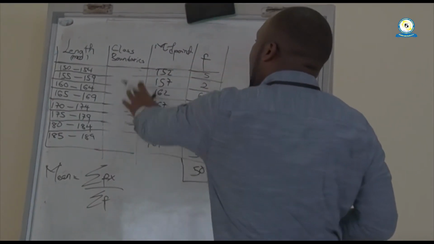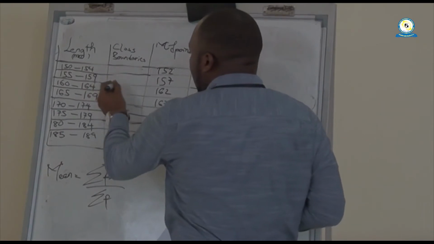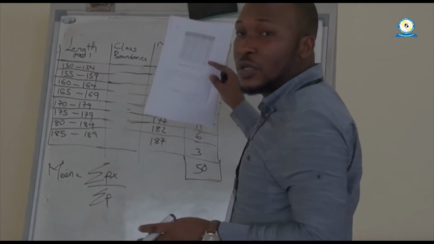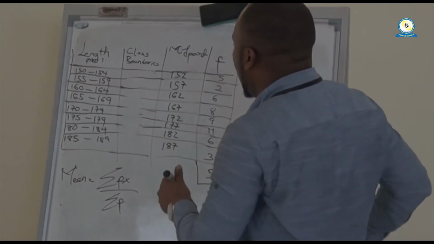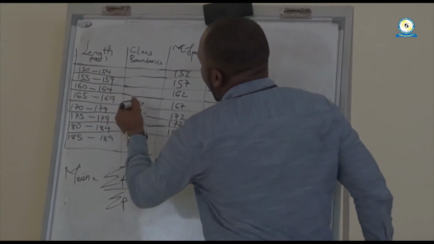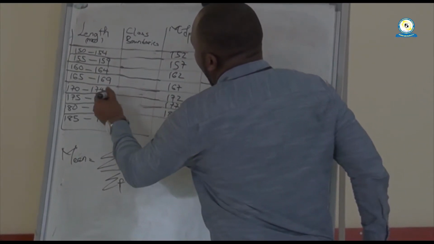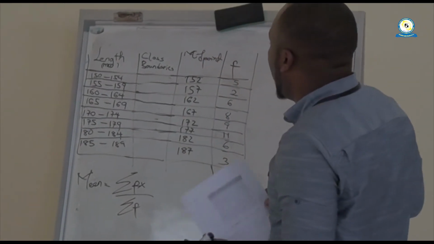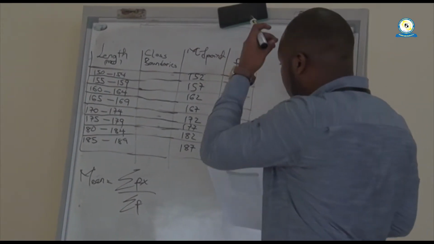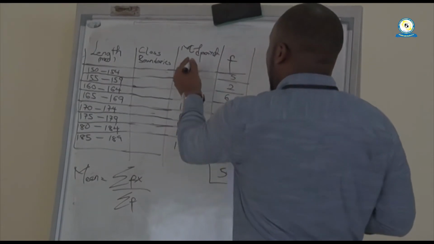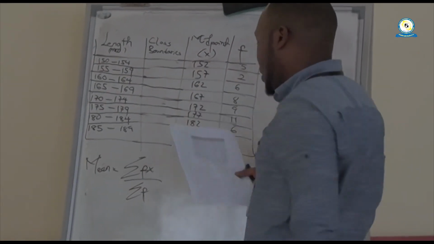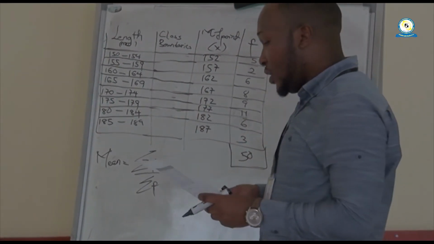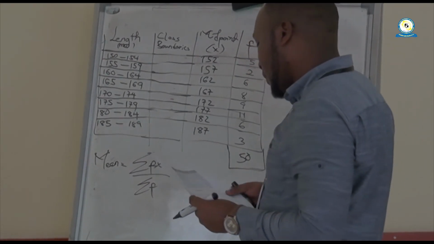I leave this one blank because we will use class boundaries when we want to calculate mode and median. That's why I left it vacant on purpose. This midpoint means x. Now we have all of our x's.